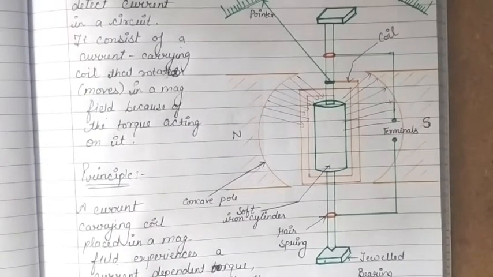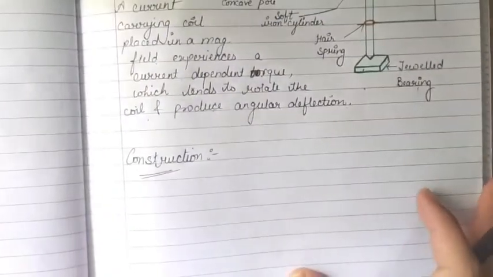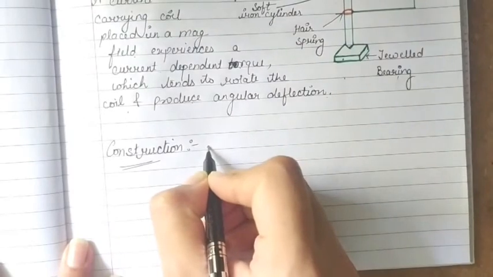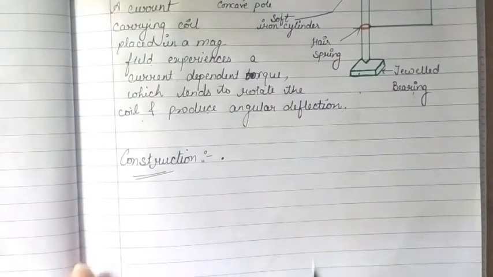Alright, so now I'm going to note down all the things that we use while constructing the moving coil galvanometer. So first of all, we have a coil.